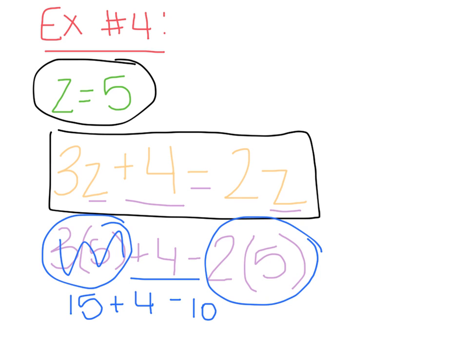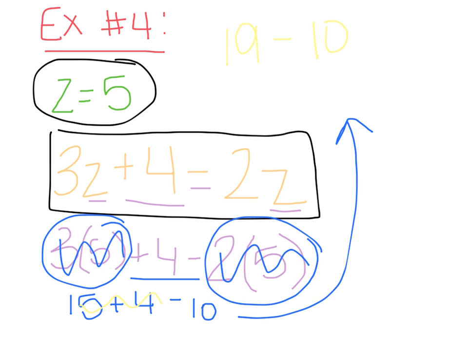Cross that out, cross that out. Okay, I'm going to finish this up here so I have some more room. Now I do adding or subtracting, whatever comes first, and it looks like adding comes first. So 15 plus 4 is 19. That gives me 19 minus 10. And then 19 minus 10 equals 9.